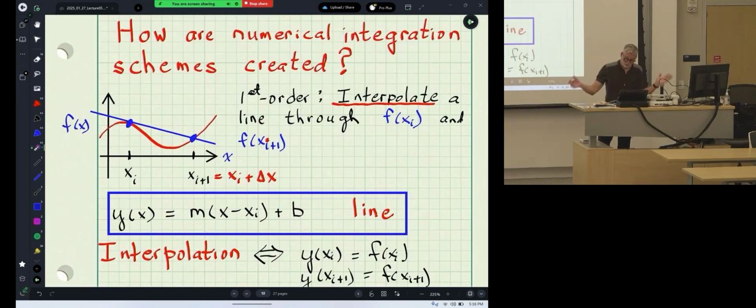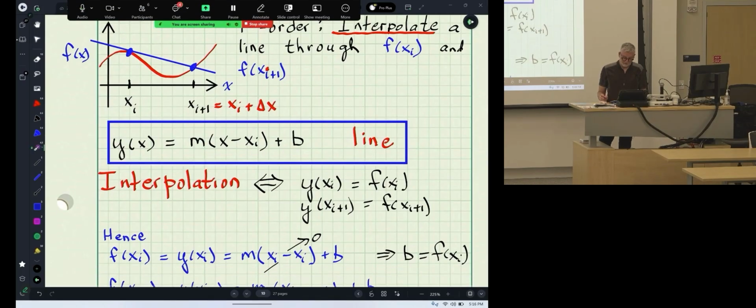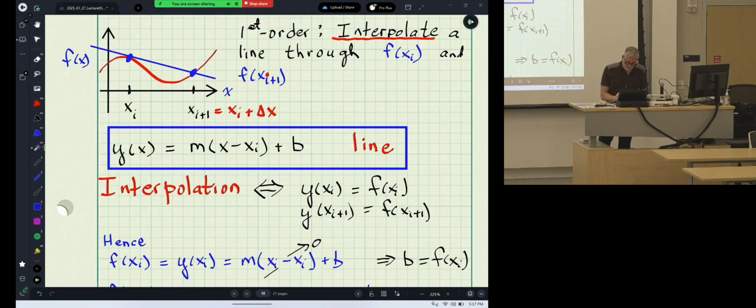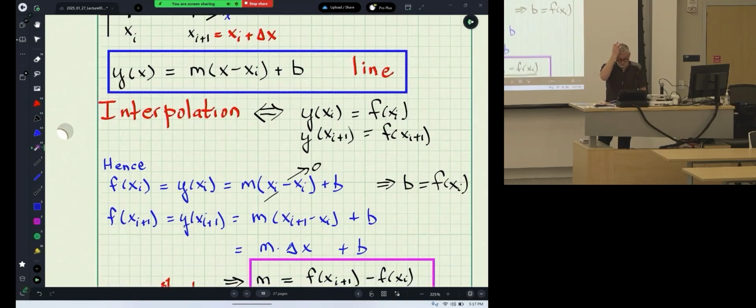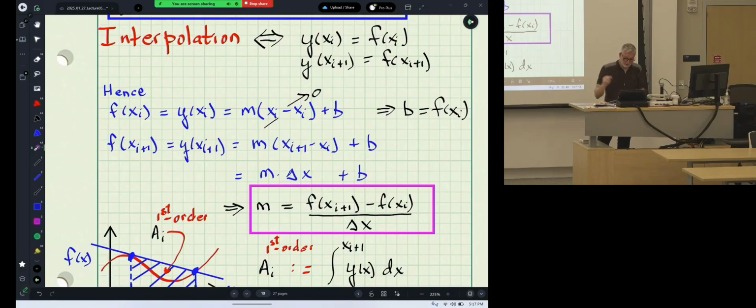And a first-order interpolation would be to use a first-order polynomial. And if you want to write it as mx plus b without the xi, more power to you, okay? But this is just a more convenient way to write it. And why is it more convenient? Let's look at how the coefficients fall out.